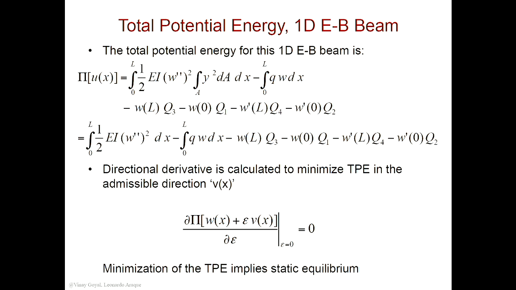Instead of W, I'll replace it with W plus epsilon V. Then I'll take the derivative with respect to epsilon, evaluate it at epsilon equals 0, and set that equal to 0. This is the method you will use to determine basically what functions W make this functional a minimum. That's how you will do it.